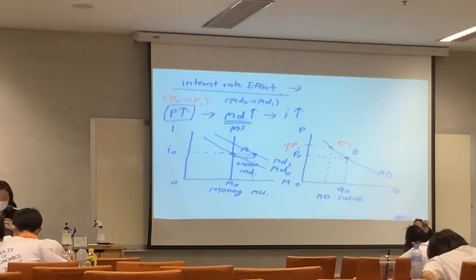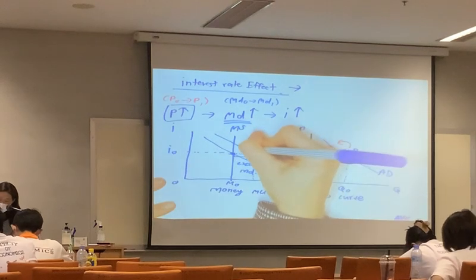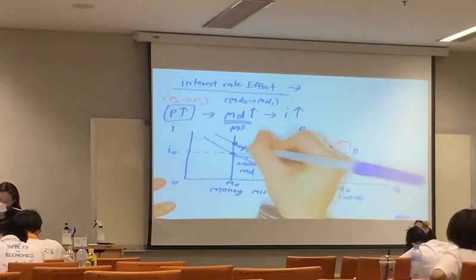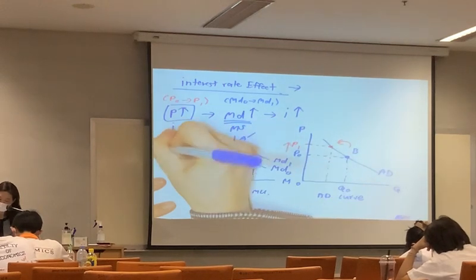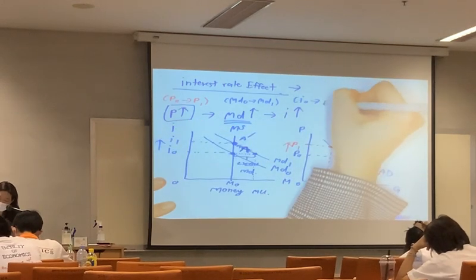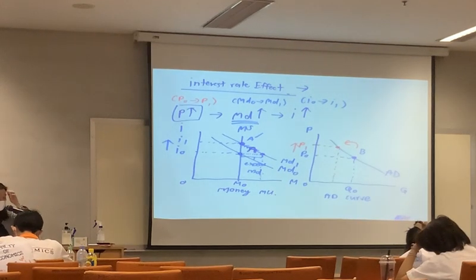So everyone would like to hold money in their hand. They don't want to spend. They want to hold money. So no one would like to lend or give money to others. That makes the interest rate increase until we reach the new equilibrium at point A prime. Interest rate increases from I0 to I1.